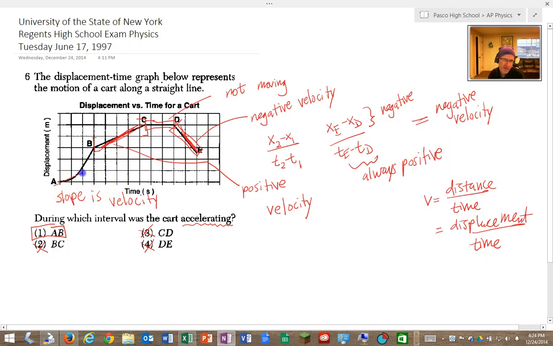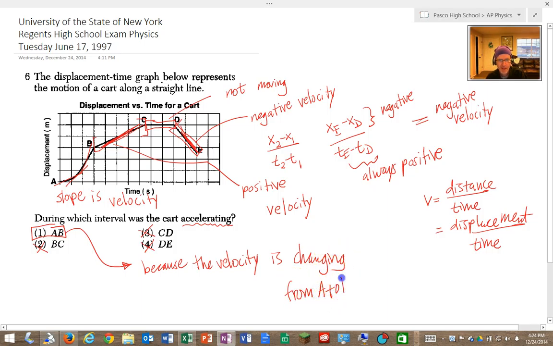But in this case, if the slope is a velocity and my slope is increasing from A to B, then it must be that the interval where the cart is accelerating is A to B, because the velocity is changing from A to B, and in particular, it's increasing. There we go.